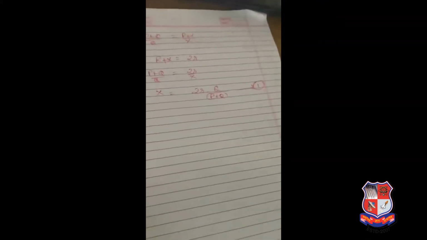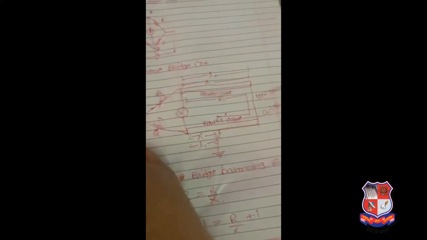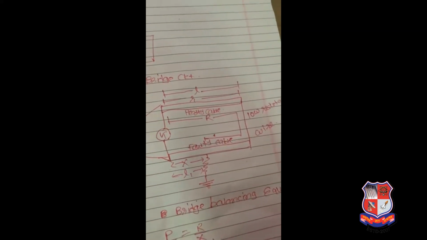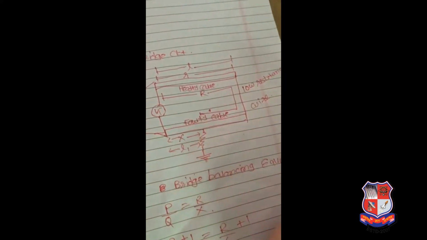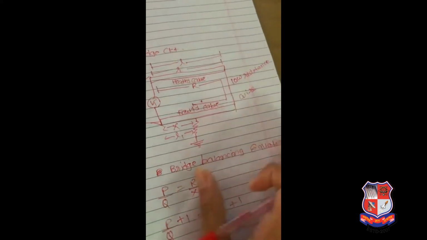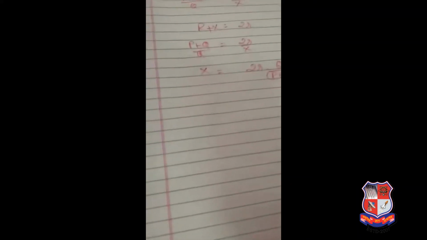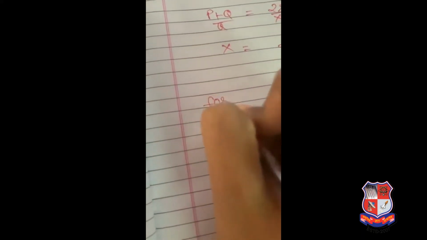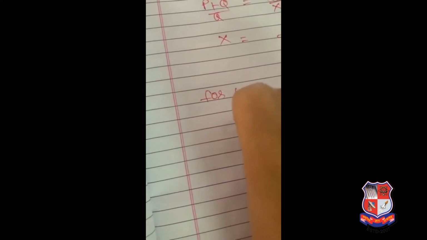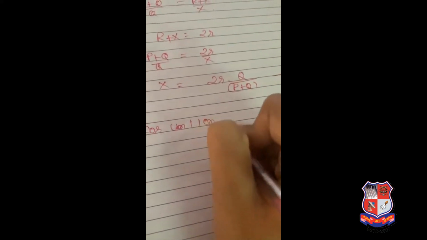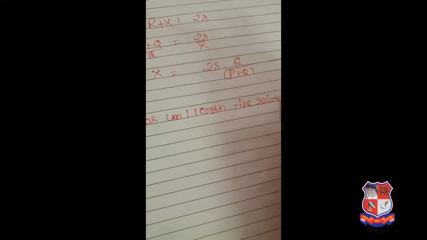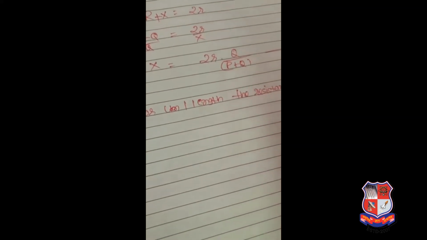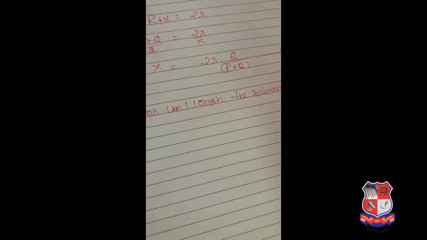Now, here you can see the length of the healthy cable is L and the resistance is small r. So, for L length, the resistance is r.